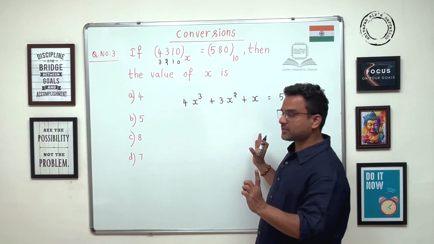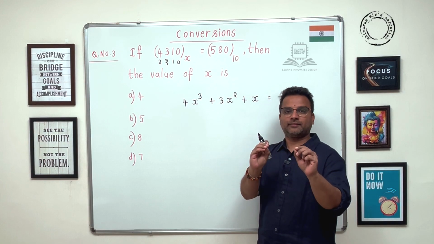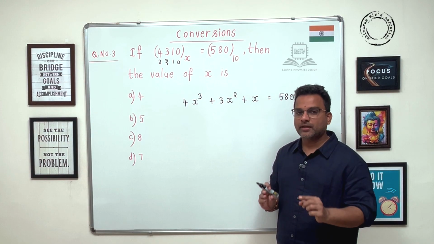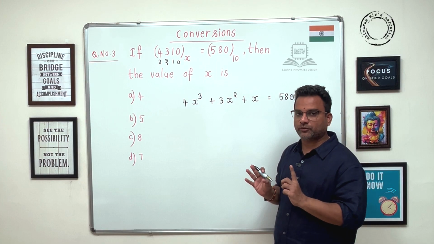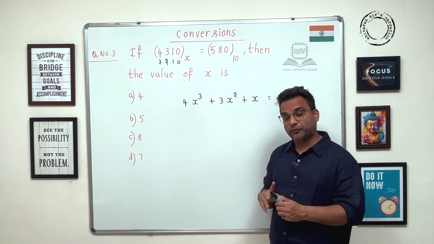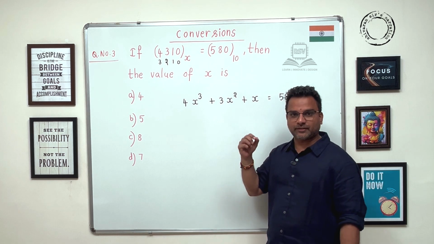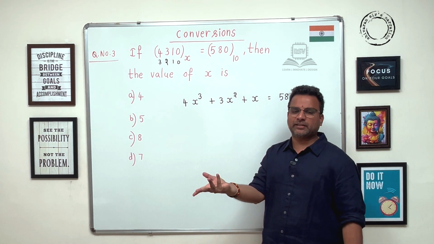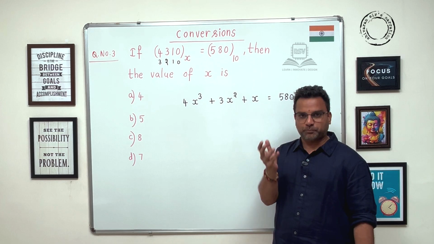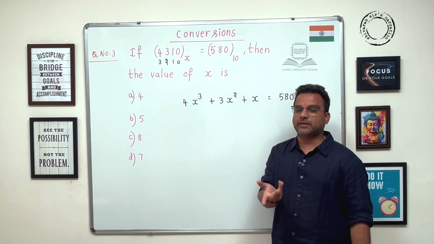Now the equation is in decimal. Now coming to the point, we want to find out x. There is one way. You need to find the roots of this equation so that you can get the value. But that approach may be time consuming.